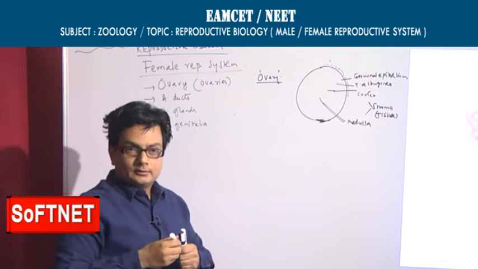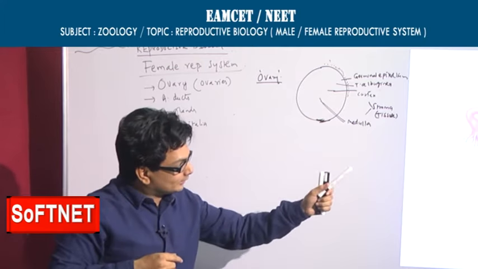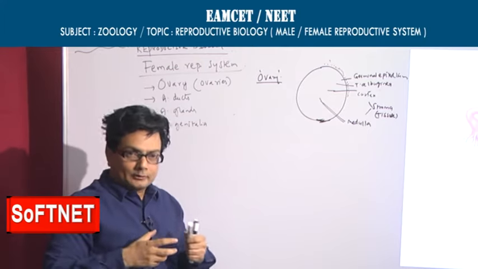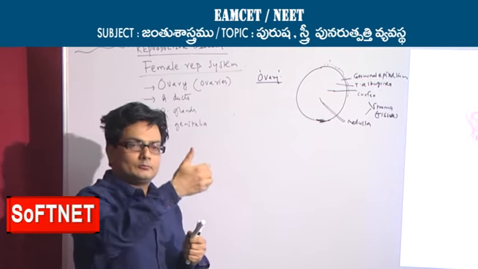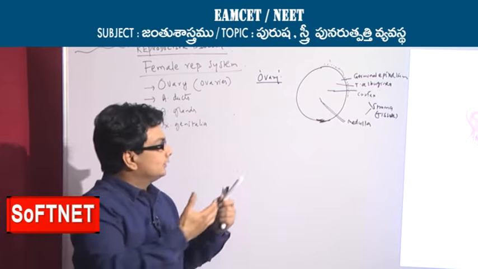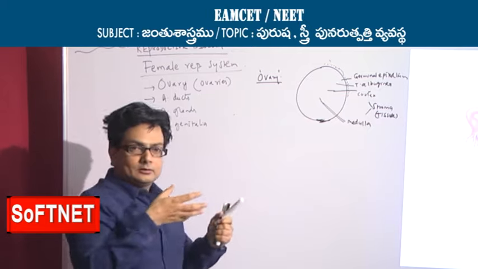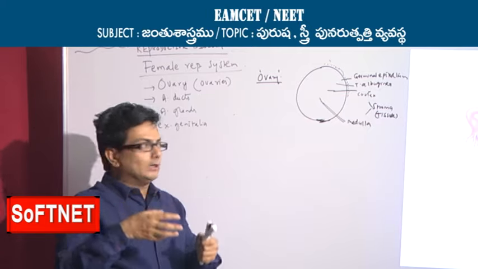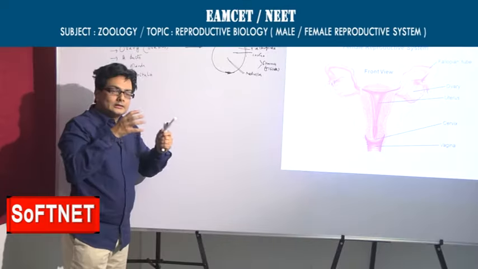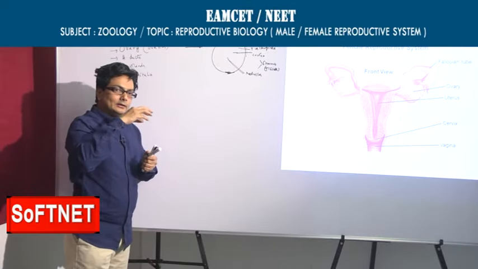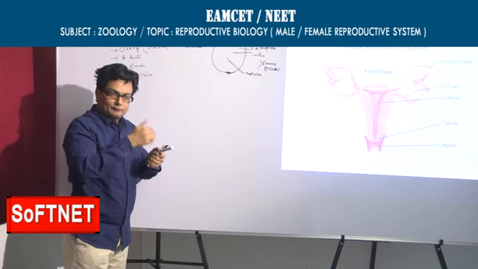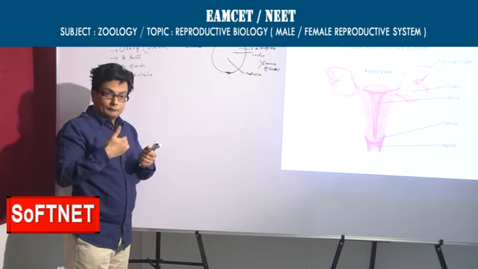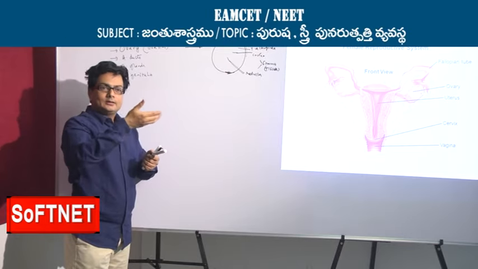The two ovaries, as you can see, one here and the other one that side, in the abdominal cavity, have 4 regions: germinal epithelium, tunica albuginea, and the stroma divisible into the cortex and the medulla. Cortex has the developmental stages called the follicles: the primordial follicle, primary, secondary, tertiary.